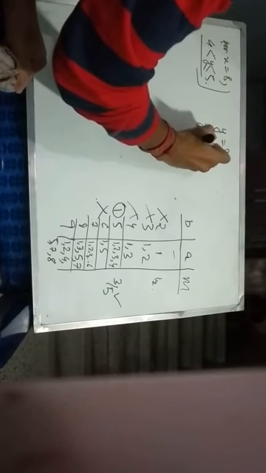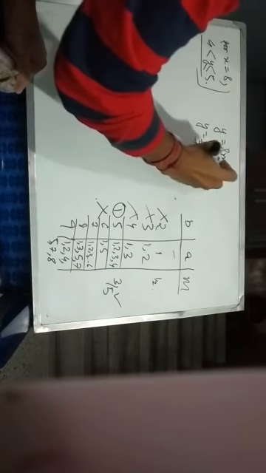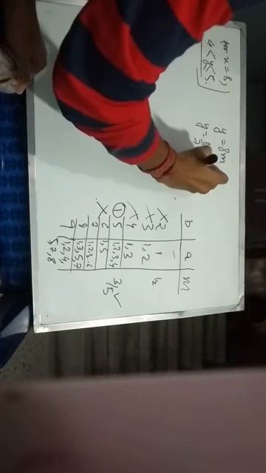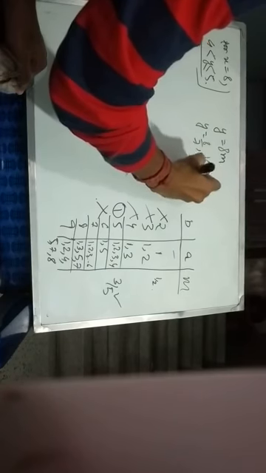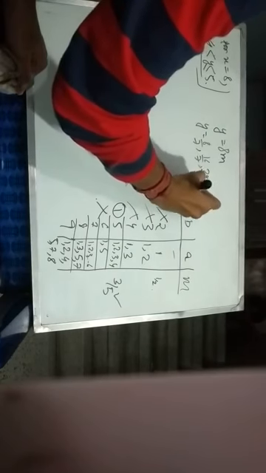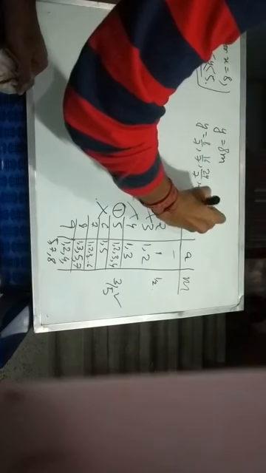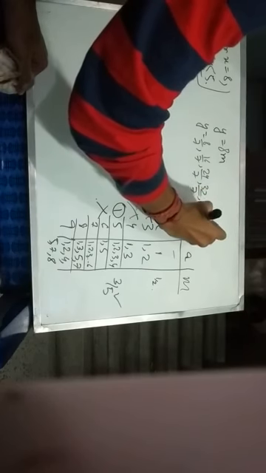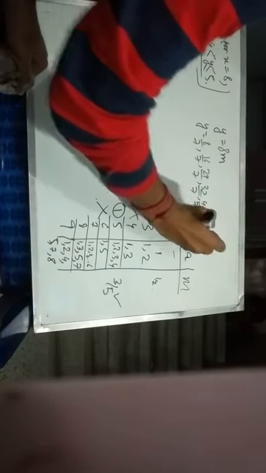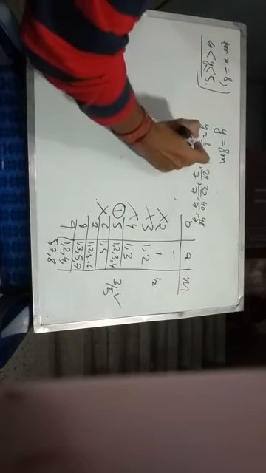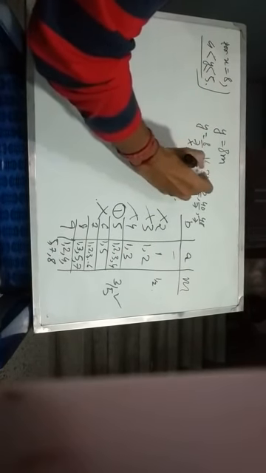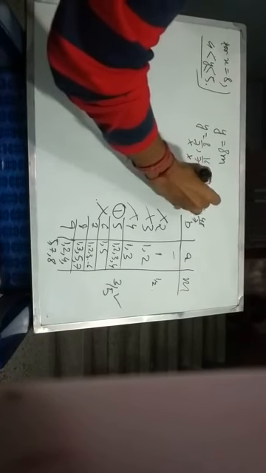So 1 by 7 gives us 8 by 7. Similarly, 2 by 7 gives us 16 by 7, 3 by 7 gives us 24 by 7, 4 by 7 gives us 32 by 7, 5 by 7 gives us 40 by 7 and 6 by 7 gives us 48 by 7. Now among this, 8 by 7 doesn't satisfy, 16 by 7 doesn't satisfy, 24 by 7 doesn't satisfy, 32 by 7 satisfies.